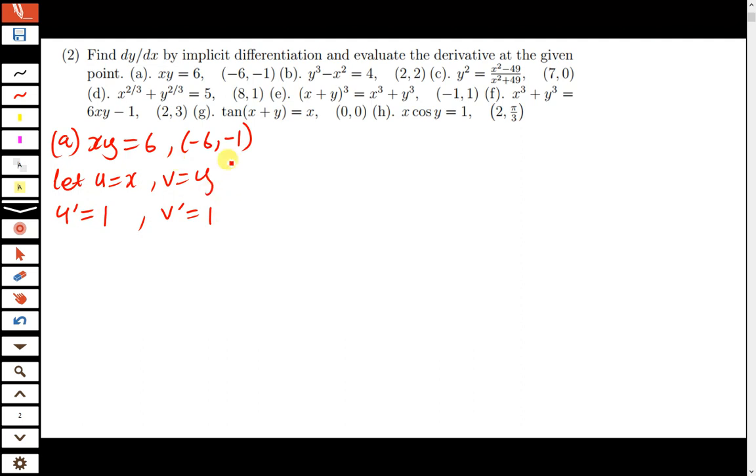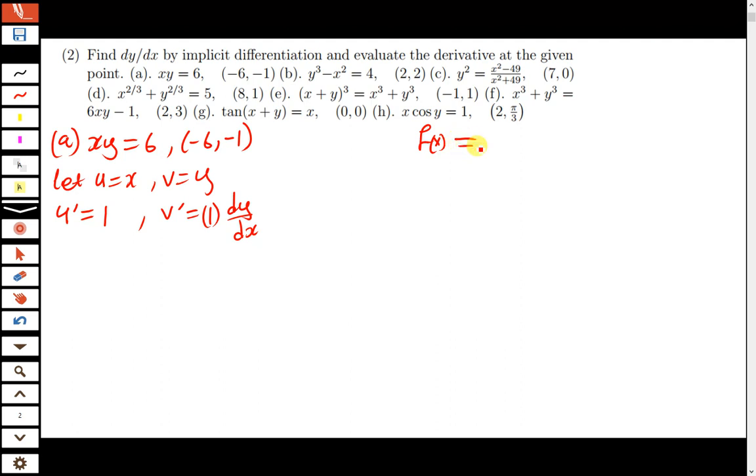But since we're differentiating with respect to x, we always have to add dy/dx. So v prime is equal to dy/dx. The reason I'm finding u and v is because the product rule applies when you're differentiating a function that has two functions multiplying themselves.